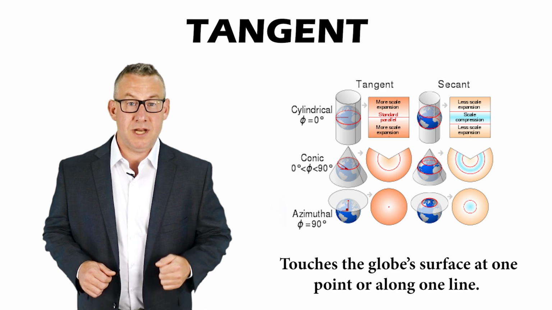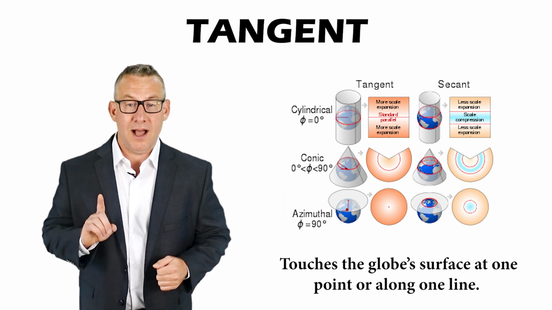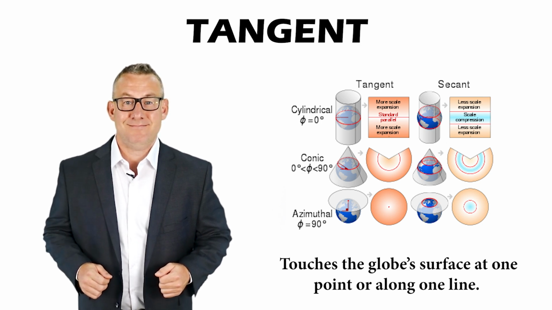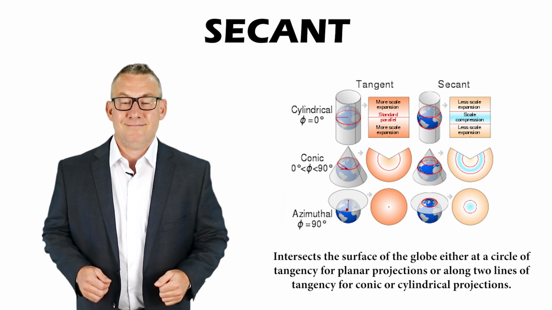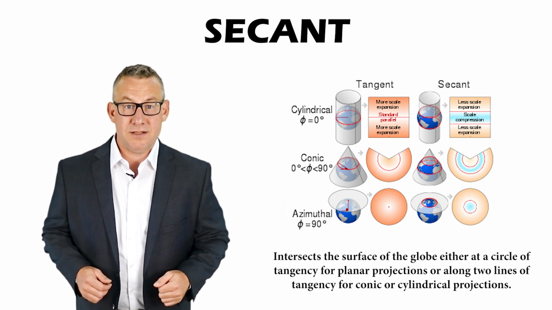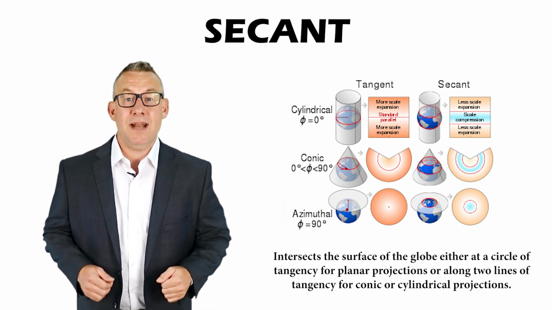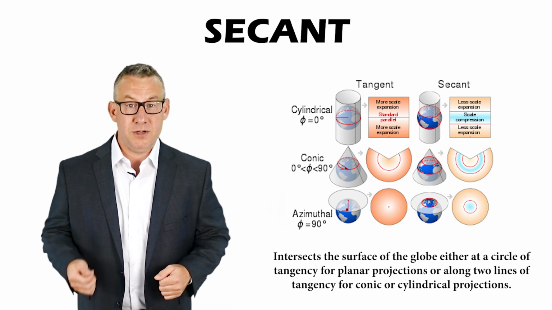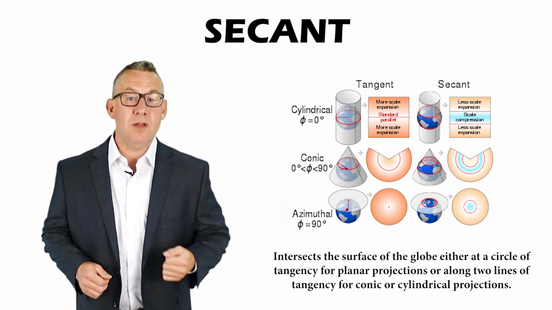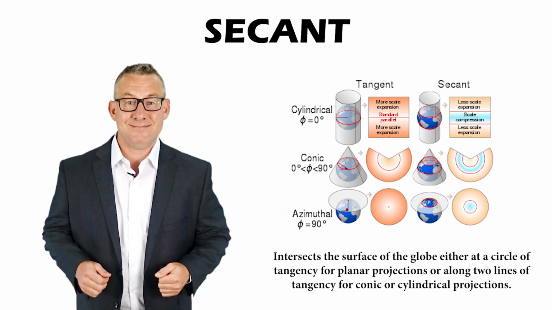A tangent projection's developable surface touches the globe's surface at one point or along one line. Secant. A secant projection's developable surface intersects the surface of the globe either at a circle of tangency for planar projections or along two lines of tangency for conic or cylindrical projections.